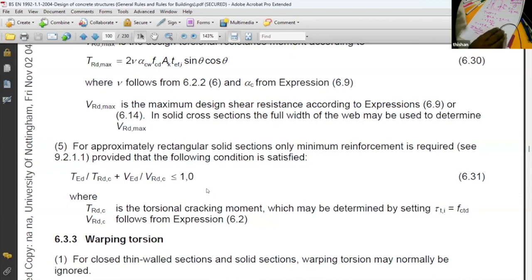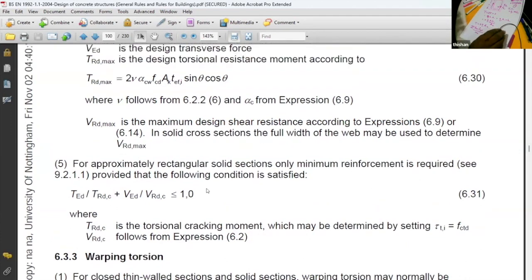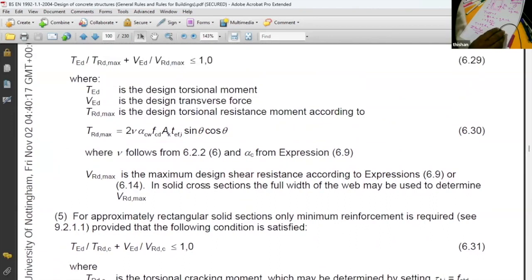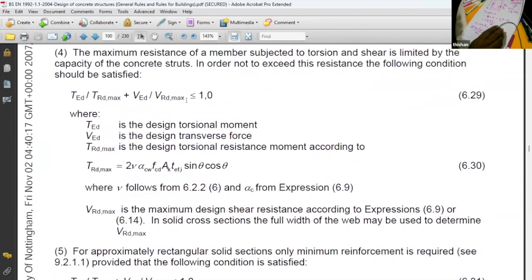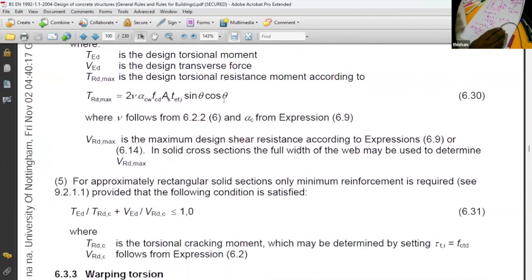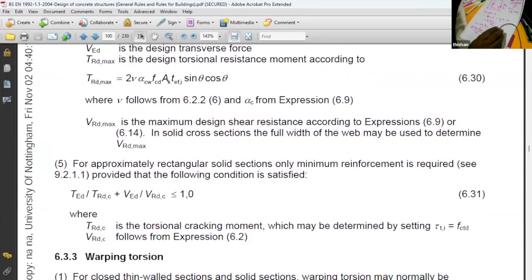We simply worry only about shear, direct shear, not torsional shear. But if the torsional moment is there, as for the equilibrium torsion, then we have to worry about this equation. So this equation we never use, but we use the fundamental behind this one. Fundamental is, if the torsion is small, don't worry.